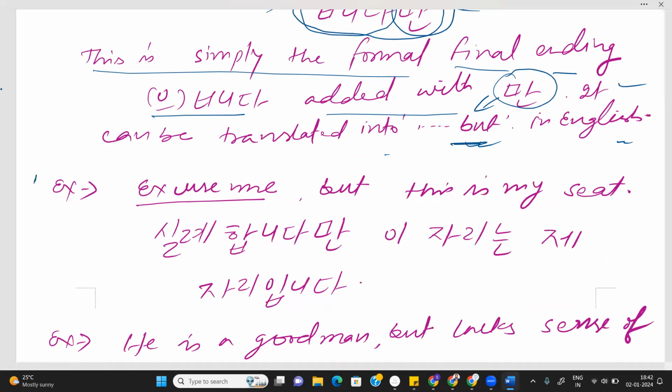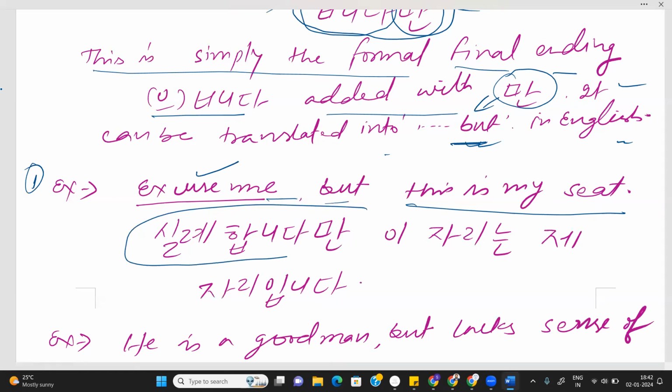First example is, excuse me, but this is my seat. So you can say in Korean, 실례합니다만. 실례합니다 is for excuse me. This man is for but.